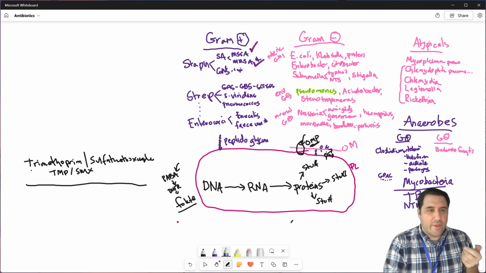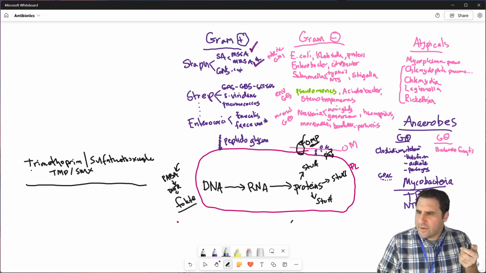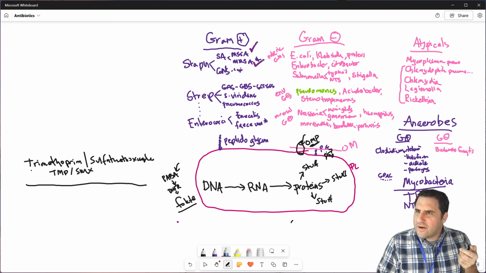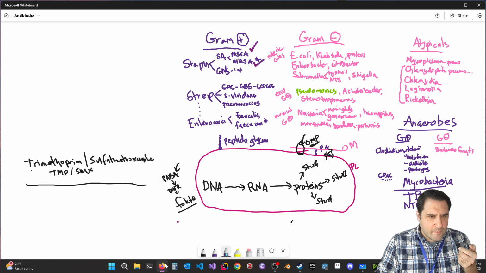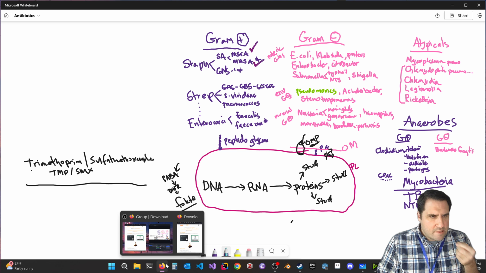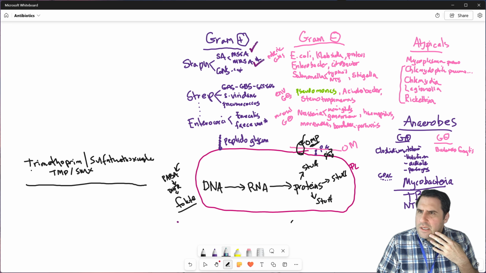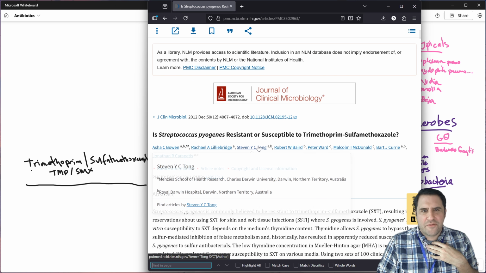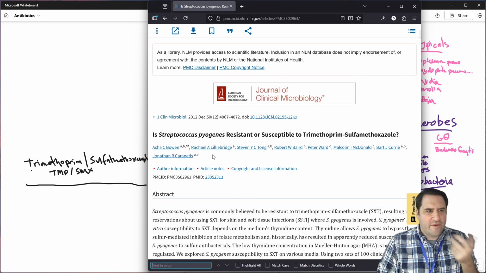Well, because probably most strep is susceptible. And let me see if I can pull up a reference. Yeah, okay, here's at least one. Is Strep pyogenes resistant or susceptible to trimethoprim sulfa?